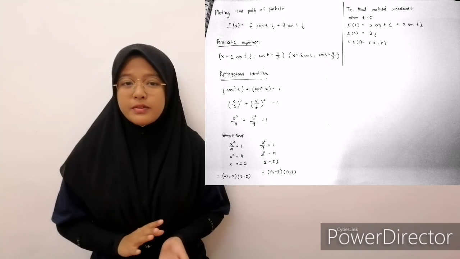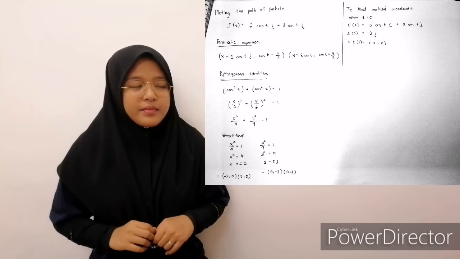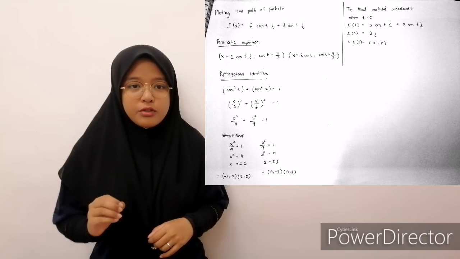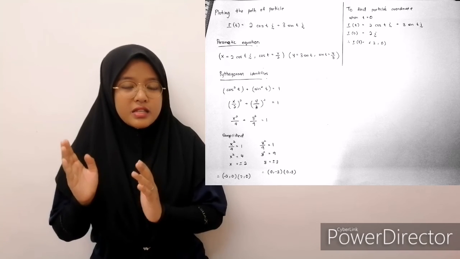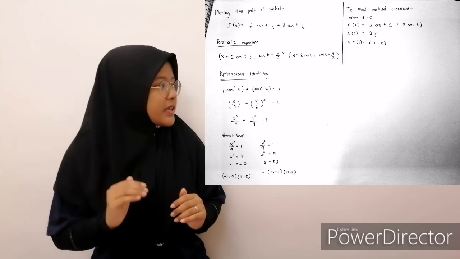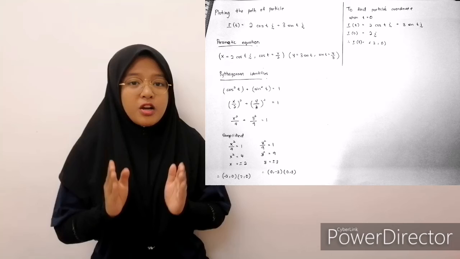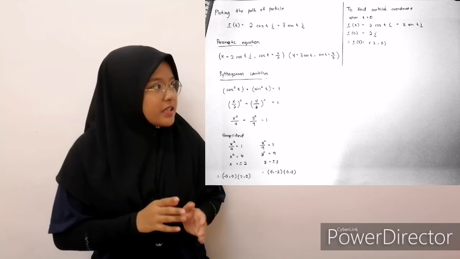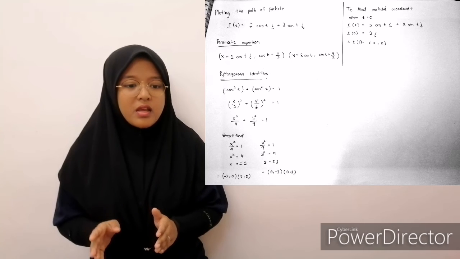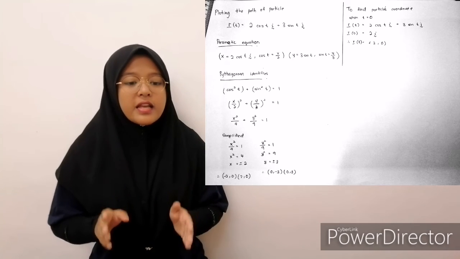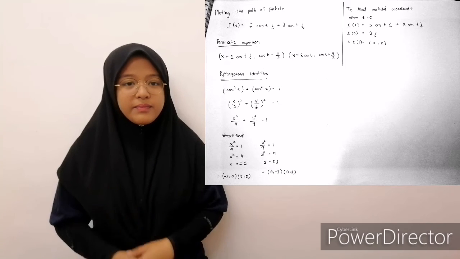So we simplify: x squared over 4 plus y squared over 9 equals 1. For the x coordinate, we get (negative 2, 0) and (2, 0). For the y coordinate, we get (0, negative 3) and (0, 3).